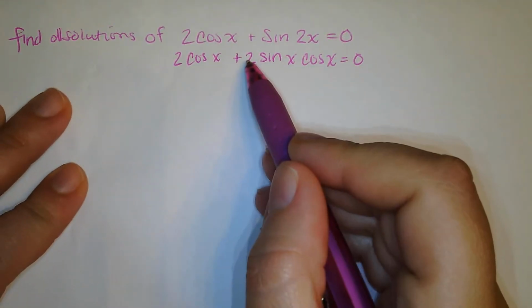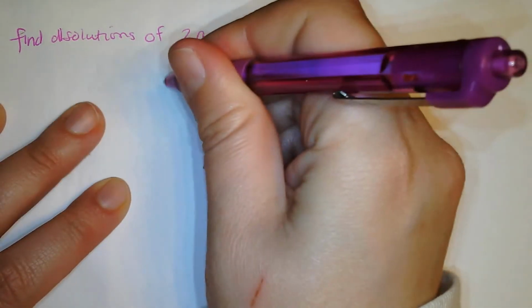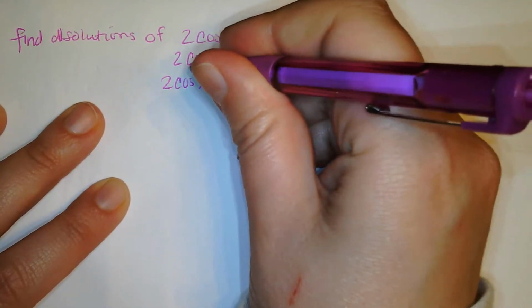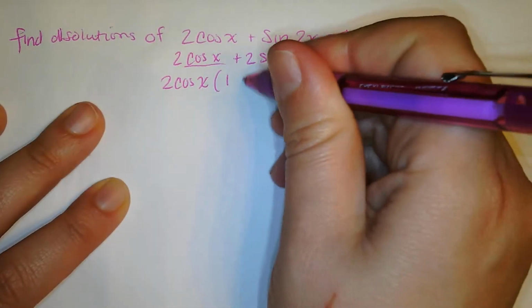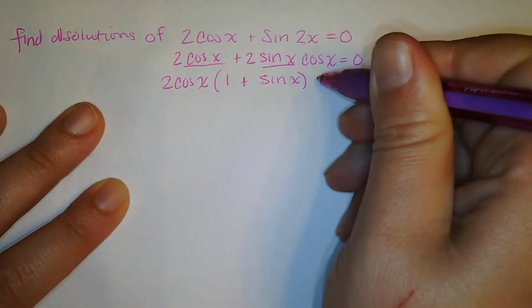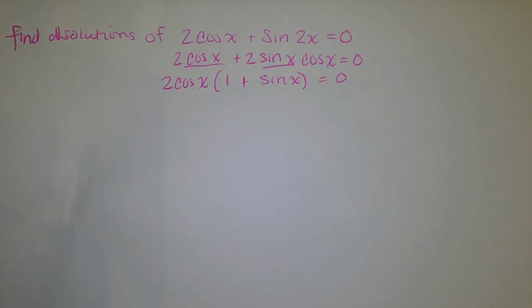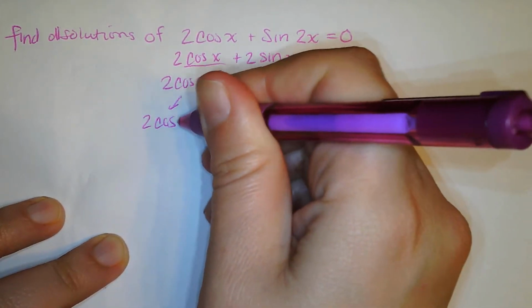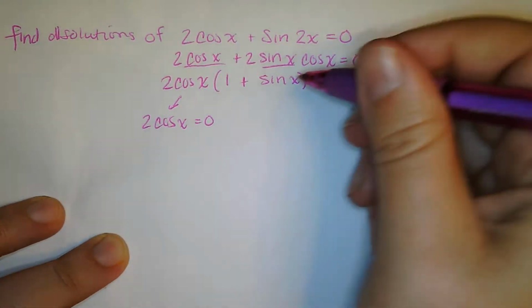So I'm going to take a 2 and a cosine out front, leaving behind a 1 on this term and a sine on this term. Now this is factored. I can split it up and set each part equal to 0, and I can get some solutions here.